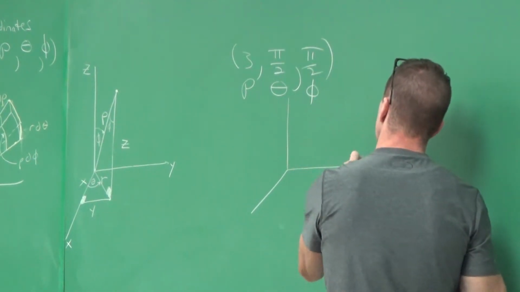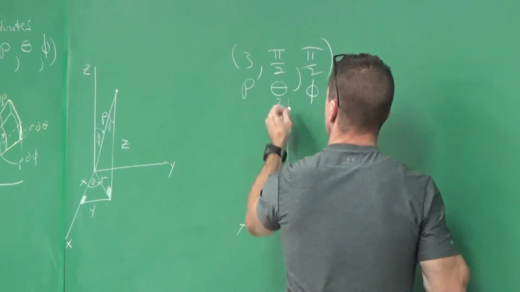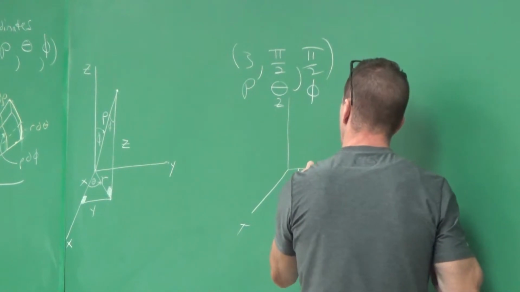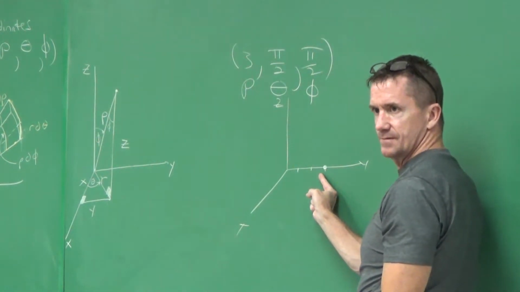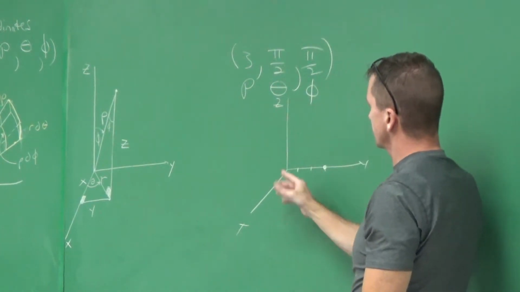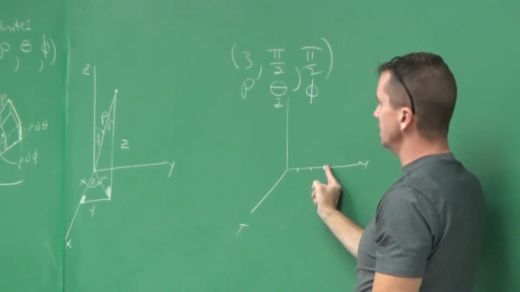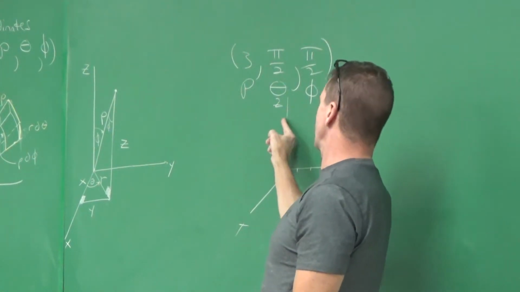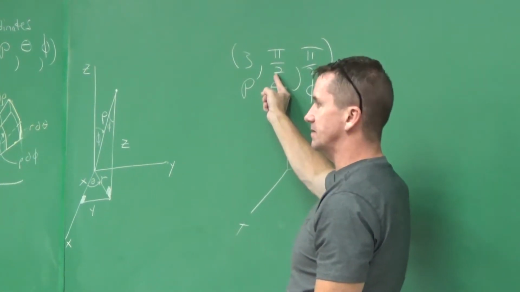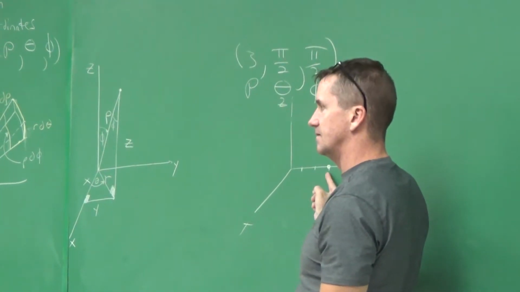There's your y-axis, your x-axis, your z-axis. This point would be right here. Do you notice that? Because it went a distance of 3, it came 90 degrees down from the positive z-axis, but it rotated pi over 2 this way. Cool.